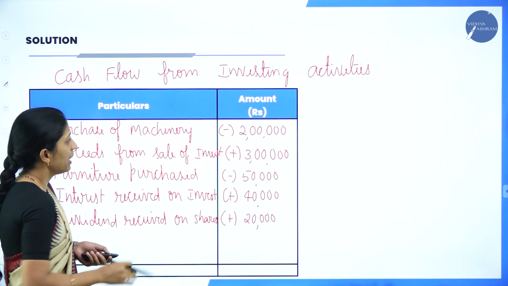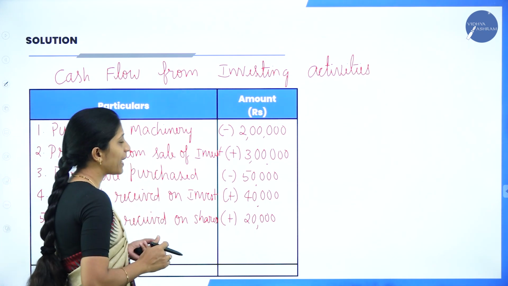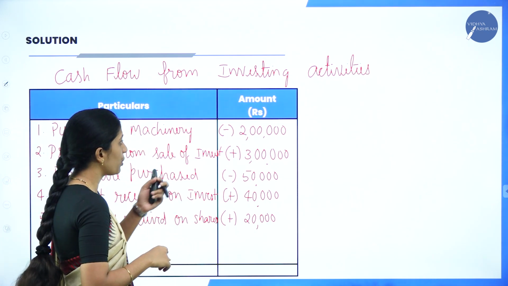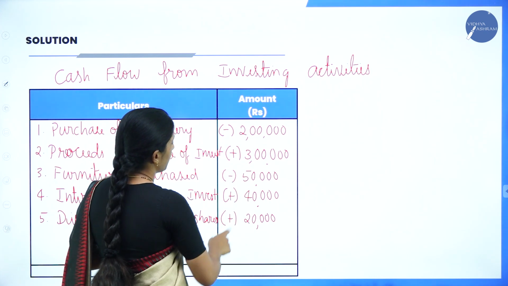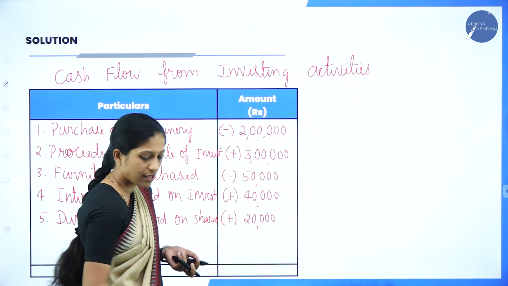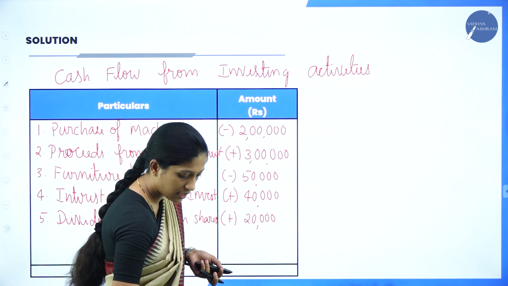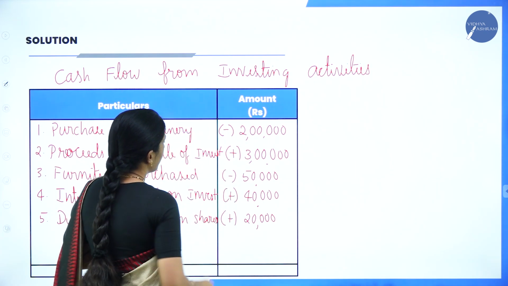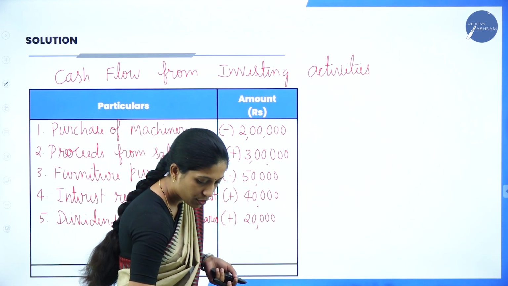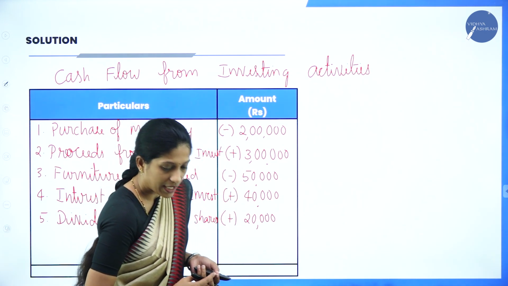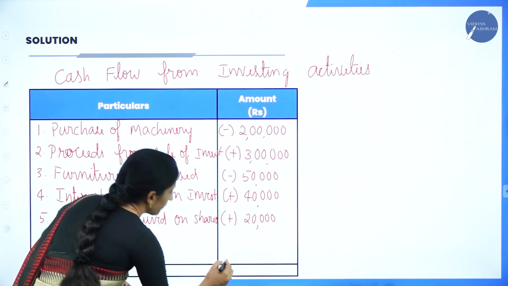Very easy problem. Now we will add all these, as well as whatever the amount to be deducted, you will minus. So 3 lakh plus 40,000, 3 lakh 40,000 plus 20,000, 3 lakh 60,000. So 3 lakh 60,000 minus, what are the items to be minused? Here 2 lakh and 50,000, minus 2 lakh 50,000. So we'll get 1 lakh 10,000.